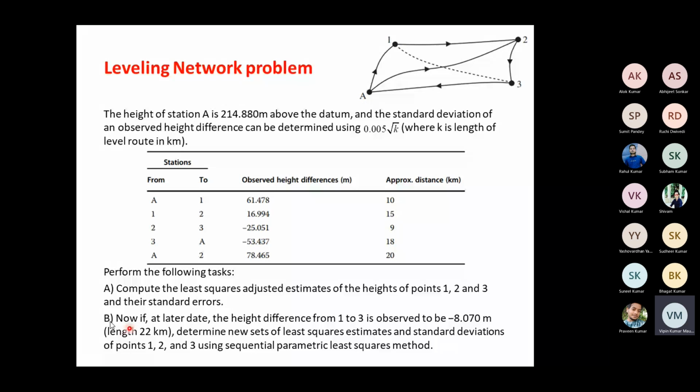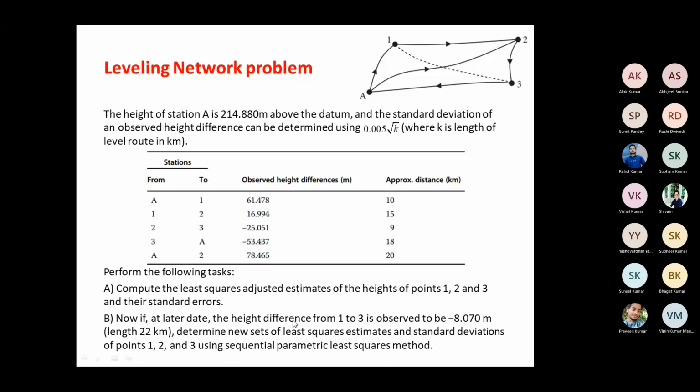Now you have to determine new sets of least squares estimates and standard deviations of points 1, 2, and 3 using the sequential parametric least square method. We will see what sequential parametric is. It is the same as the observation equation you have learned; we just have to make some changes, and we can understand it.